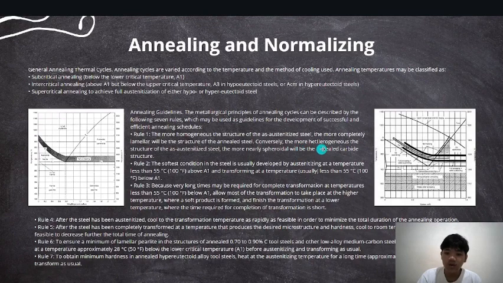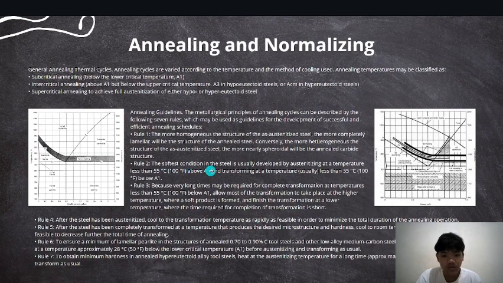Conversely, the more heterogeneous the structure of the austenitized steel, the more nearly spheroidal will be the annealed carbide structure. Rule 2.